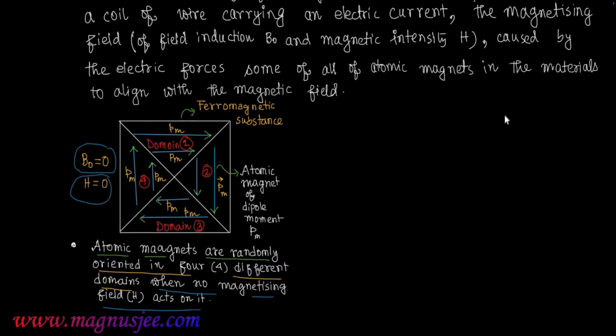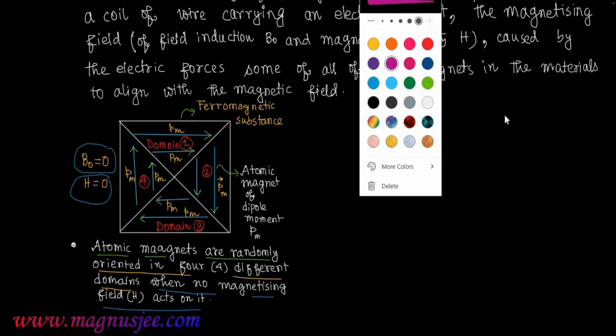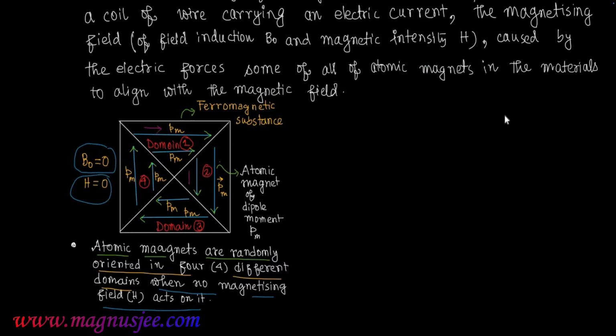In this case, external magnetic field B0 is 0 and magnetizing field H is also 0. And these are the directions along which atomic magnets are oriented in the four domains.